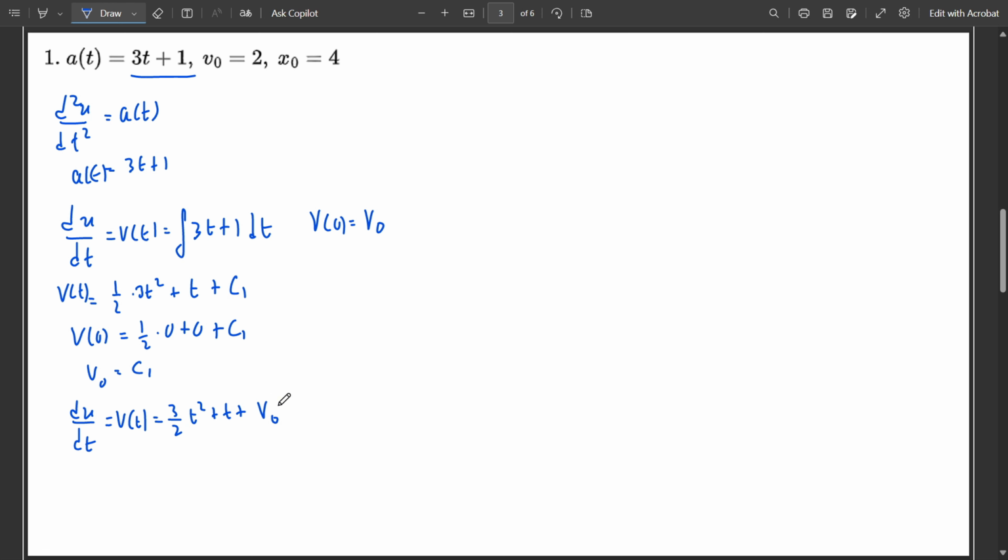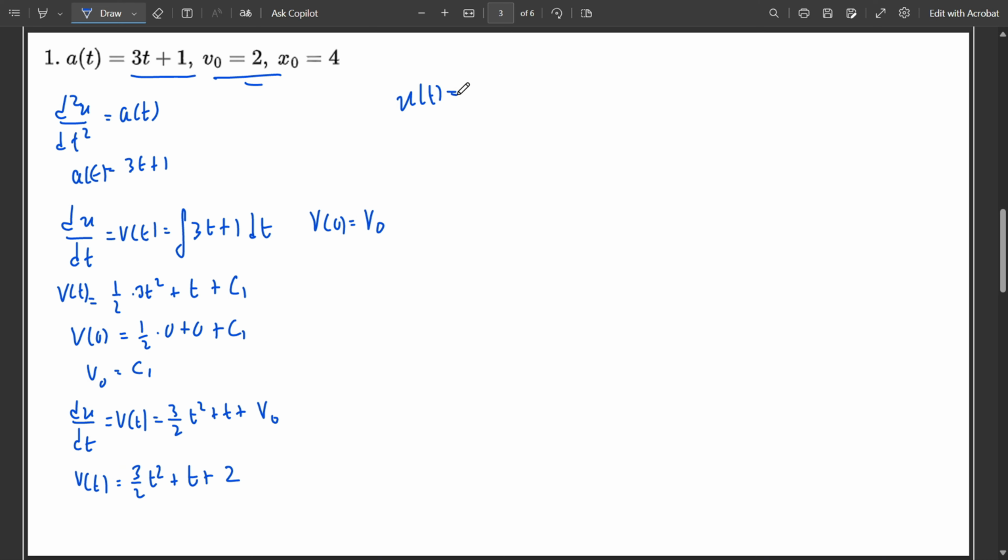Well, our v initial here is just 2, so we have v of t equals 3 over 2 t squared plus t plus 2. Okay, great. That's our velocity function. And now we need to get the position function.